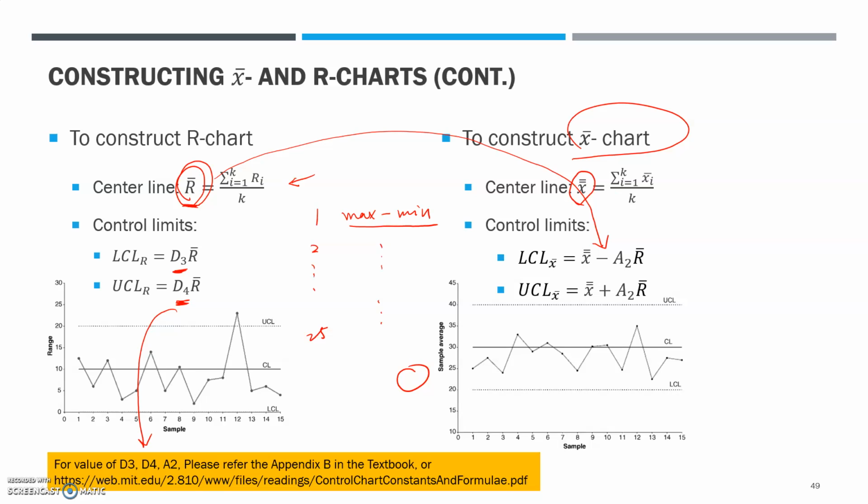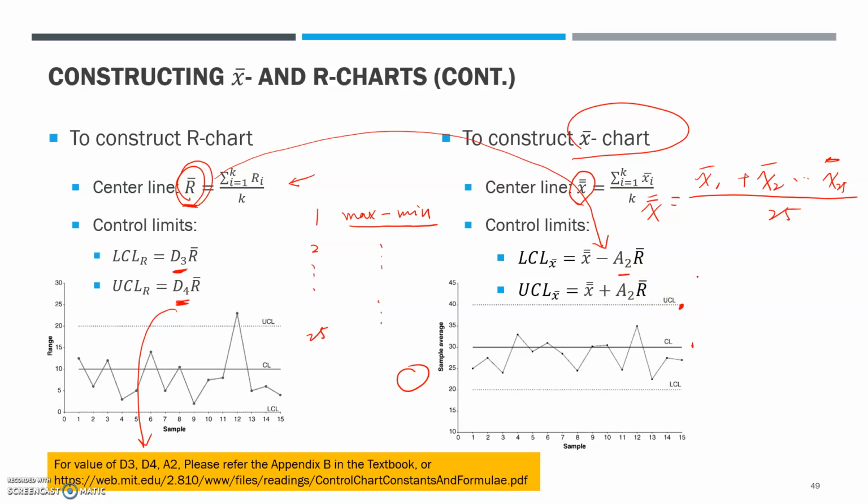We have 25 samples, so you take the first sample average, the second sample average, all the way to the 25th sample average, and divide the sum by 25. You obtain the sample average of all sample averages. That is this line here. And again, A2 is a constant you'll use to construct the upper control limit.